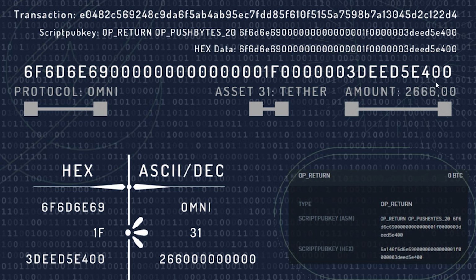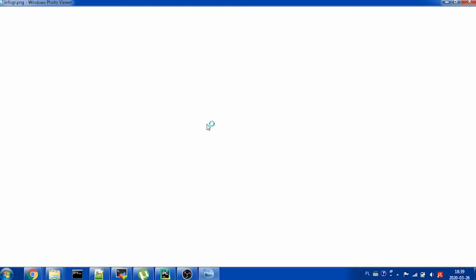So basically, if you look at this transaction, now you know the protocol is Omni, the asset is number 31, which translates to Tether, amount 2660 Tethers. So 2660 US dollars in this Tether currency. So yeah, this is how it decodes. I think that's pretty basic.